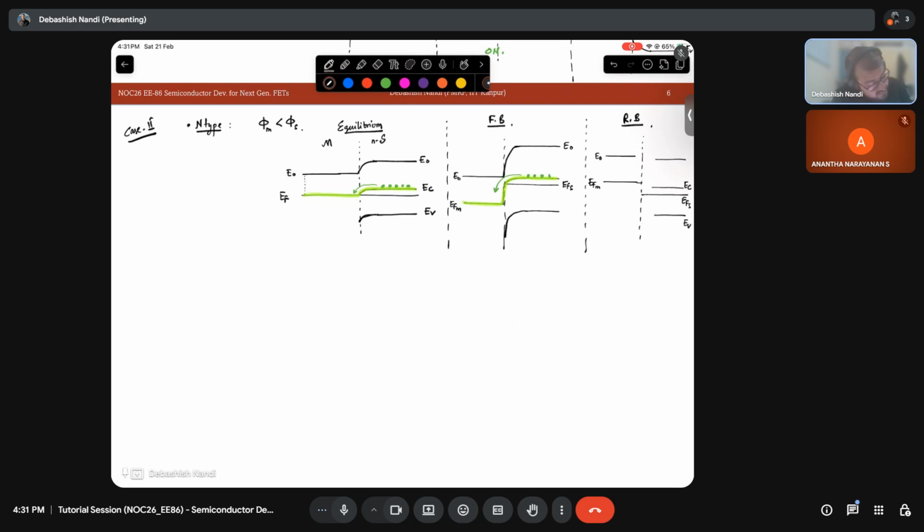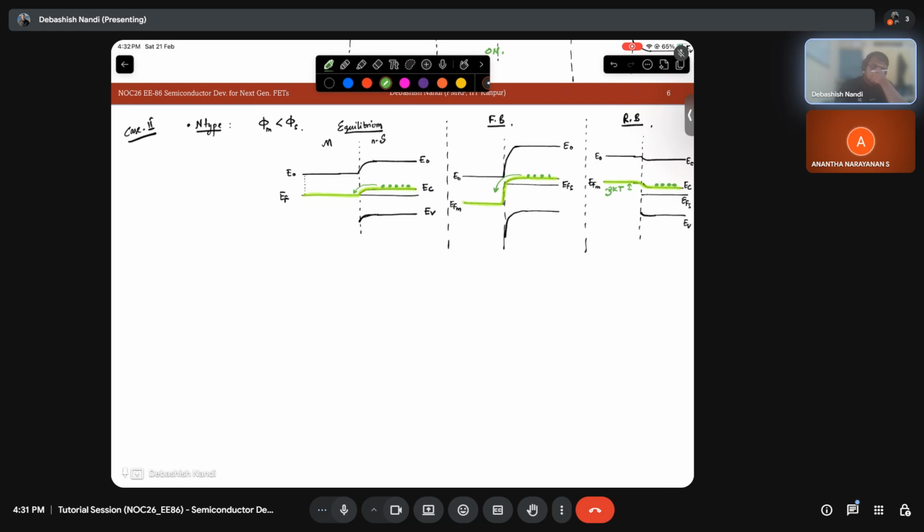This bending will be like this, and now your conduction band is like this. So in this case, although the electrons are seeing barriers, this barrier is of the order of kT, or let's say 3 kT.